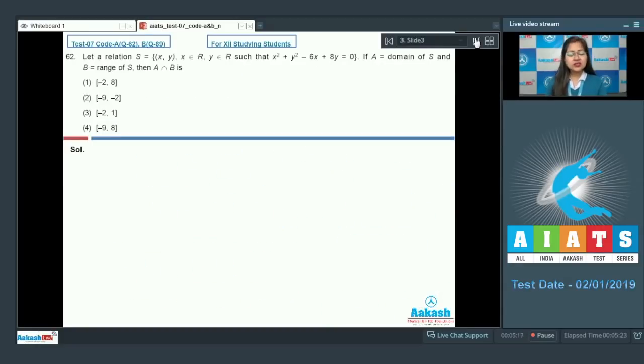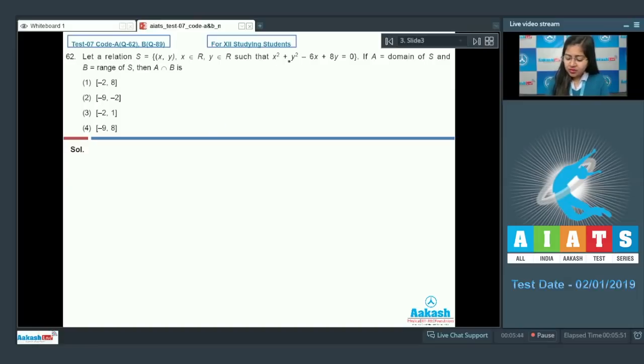Now next is question number 62, which says that let a relation S equal to (x, y) where x belongs to R, y belongs to R, such that x square plus y square minus 6x plus 8y is equal to 0. If A is equal to domain of S and B is equal to range of S, then A intersection B is.